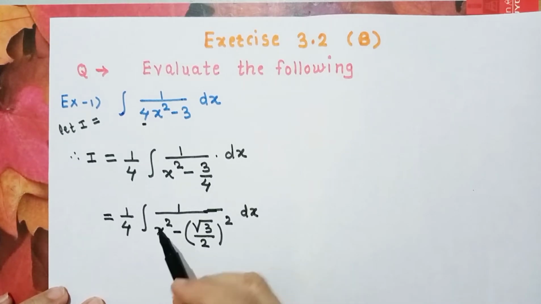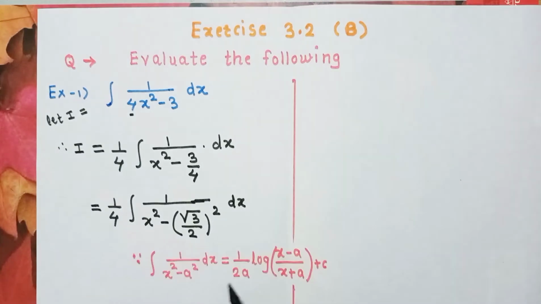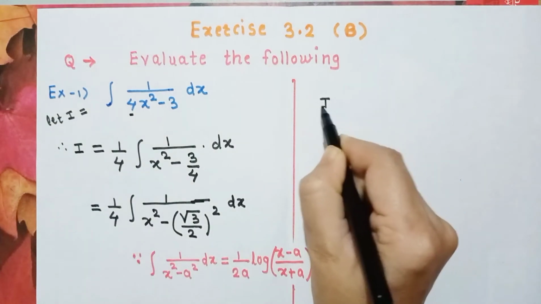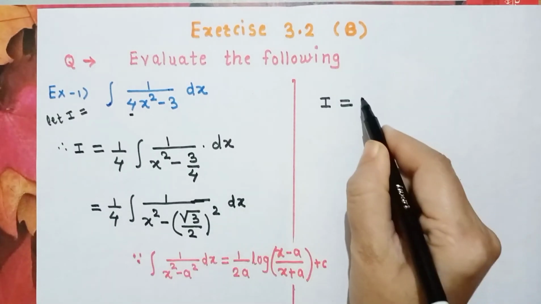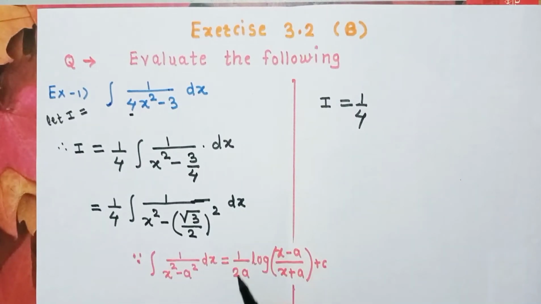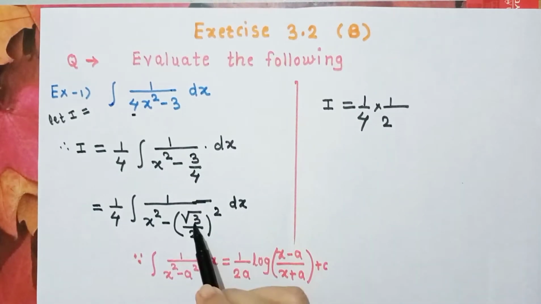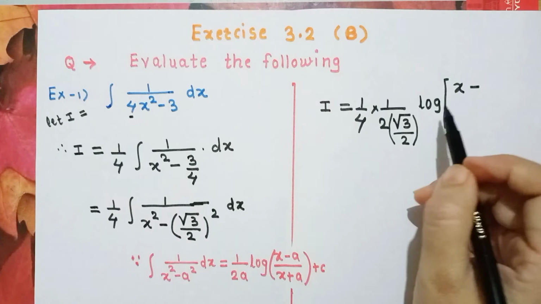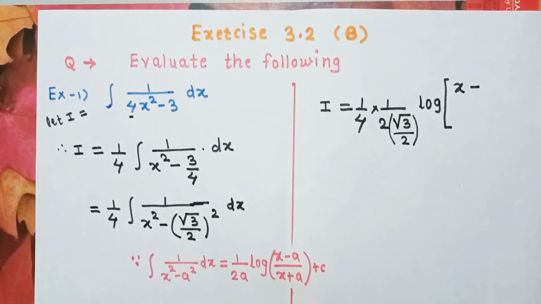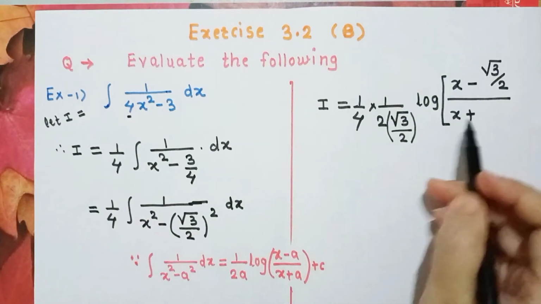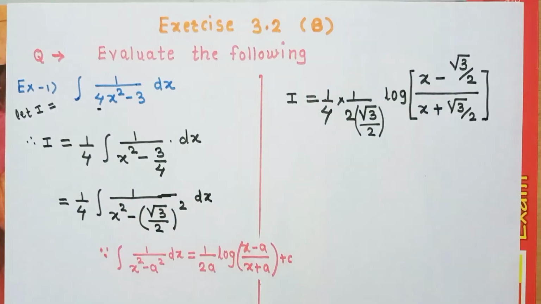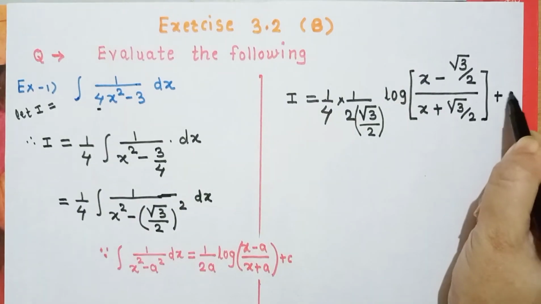And now this is in the form 1 upon x square minus a square, so we will use this formula, and a means root 3 upon 2, so I is equal to this 1 upon 4 as it is, then 1 upon twice a, 1 upon 2 multiply by this, and then log of x minus this, and again x plus this, and plus c.